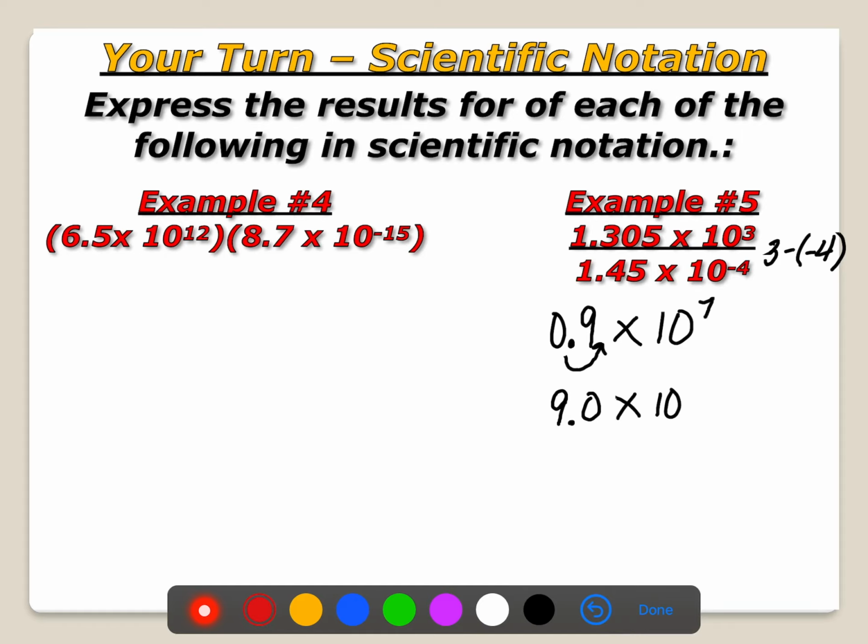Okay, so we're going to do the opposite of what we did before. So when we move to the left, we added. When we move to the right, we're going to subtract. So I moved 1 decimal point, so I'm going to subtract 1. Okay, so that my final exponent is 10 to the 6th.